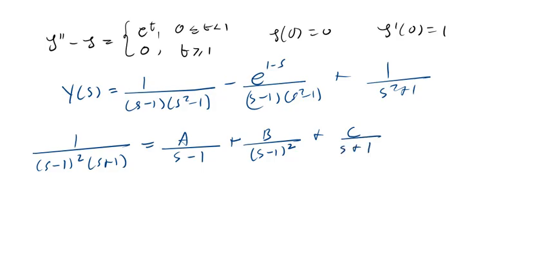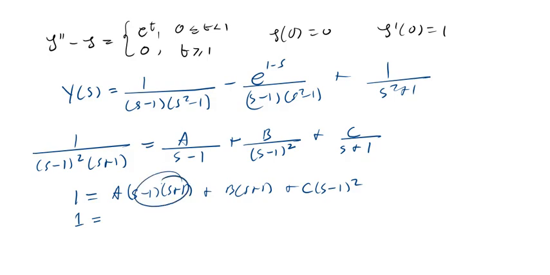Okay, so meaning 1 is equal to a here. So what are you going to have? This would be a(s minus 1)(s plus 1), plus b(s plus 1), plus c(s minus 1) squared, like that. So now it's just a matter of expanding this.